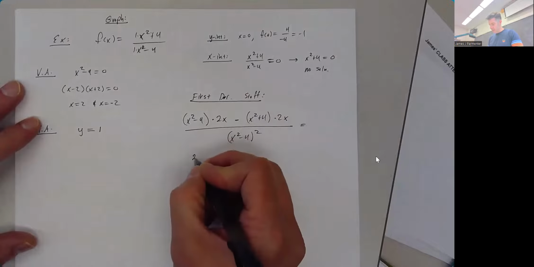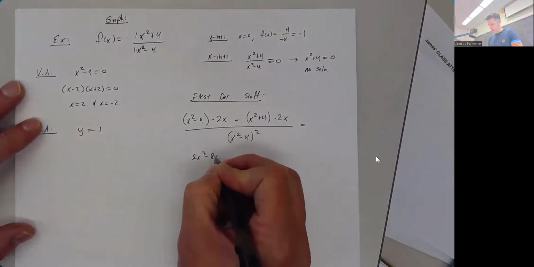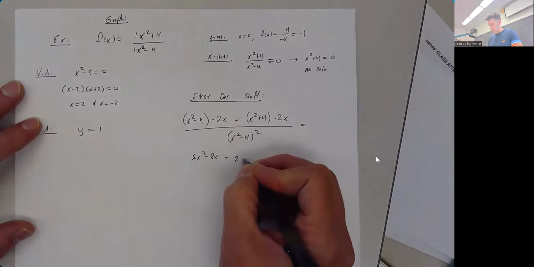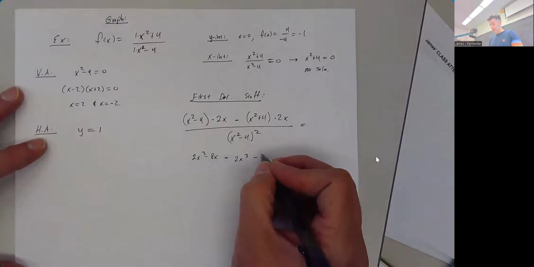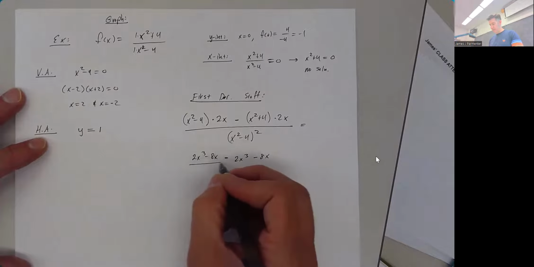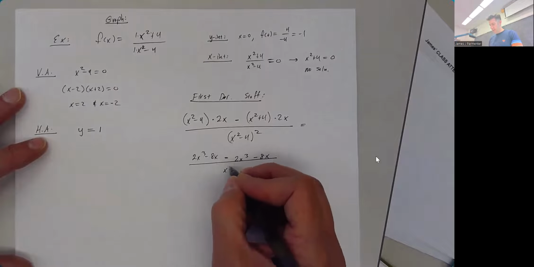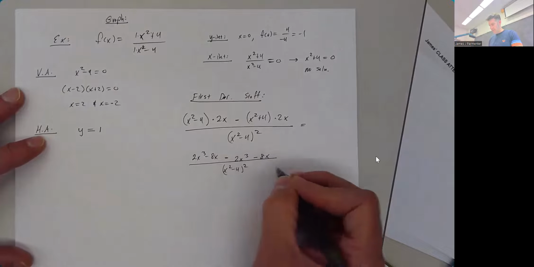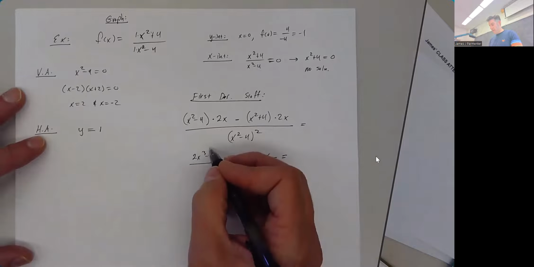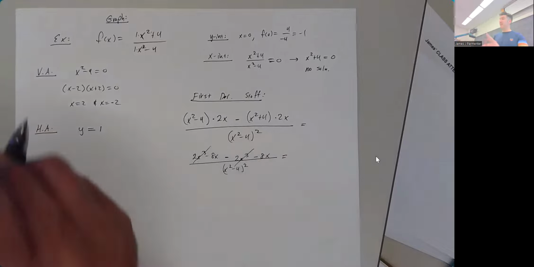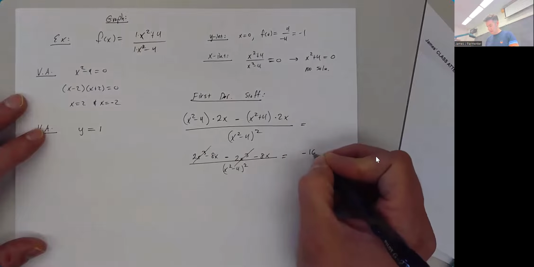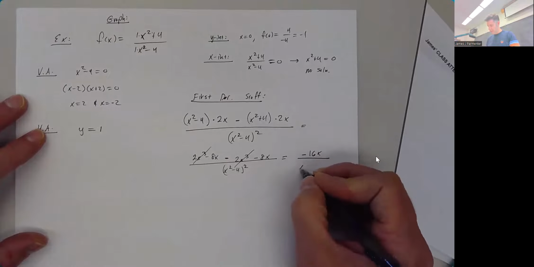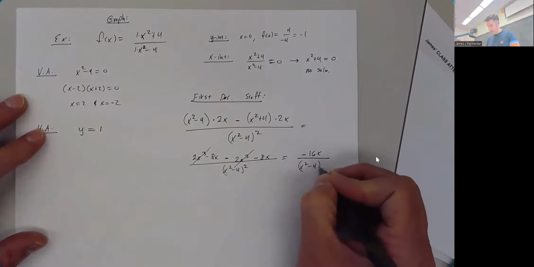So I'm going to get 2x cubed minus 8x minus 2x cubed minus 8x all over x squared minus 4 squared. And then the 2x cubes cancel. The 8x's do not cancel. I get a minus 8x, which is minus 16x over x squared minus 4 squared.